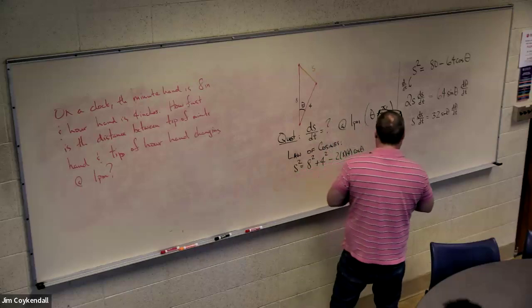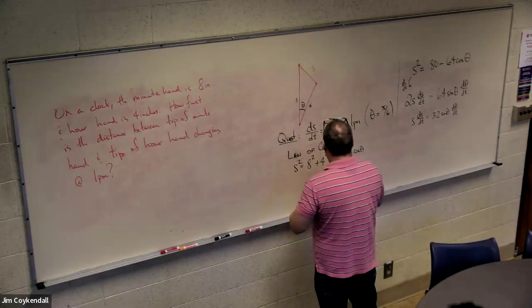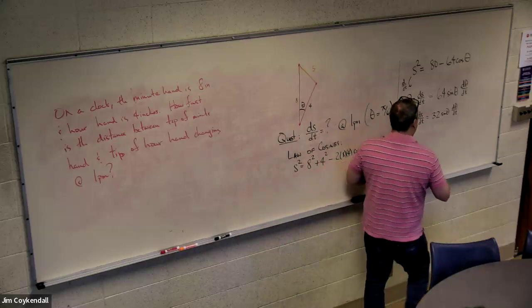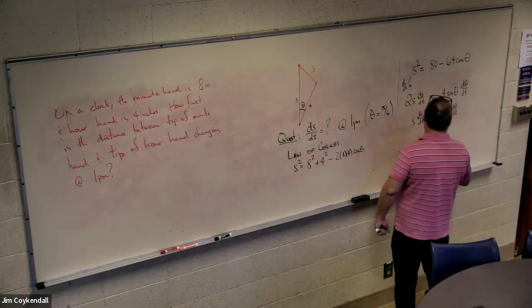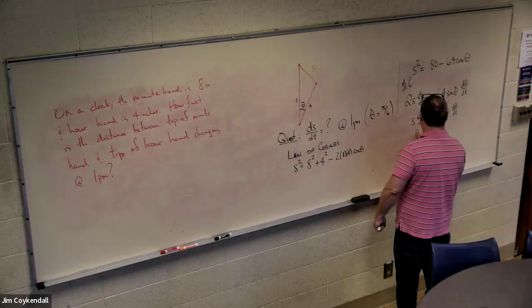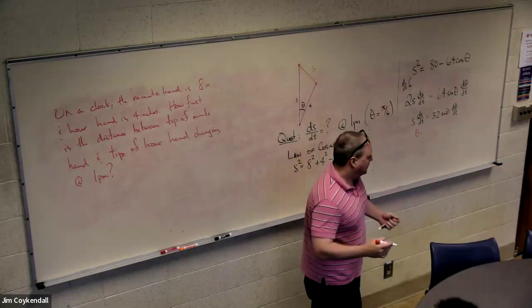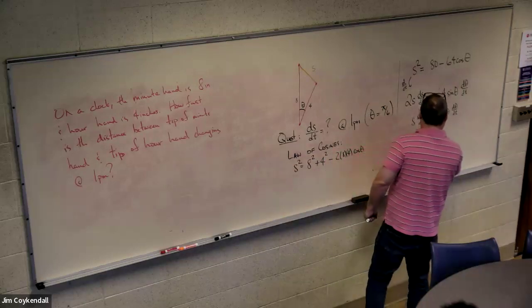What do I need to know? I need to know S. I need to know theta. I need d theta/dt. Well, theta I've already figured out: at 1 o'clock theta has to be 30 degrees, pi over 6.